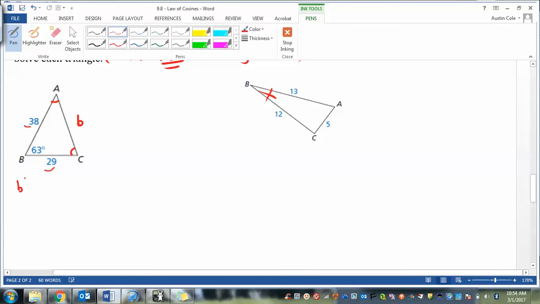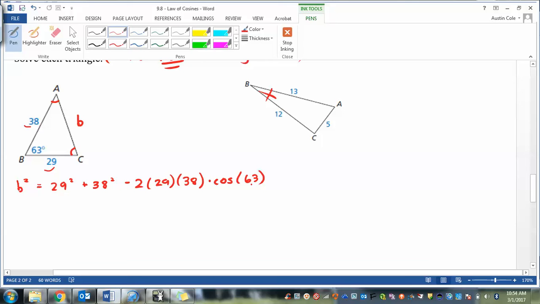So B squared equals 29 squared plus 38 squared minus 2 times 29 times 38 times cosine 63.